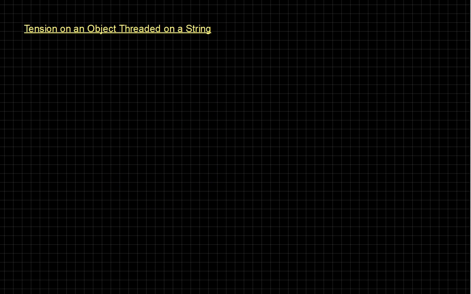The next thing then is a reminder of how tension works in a string, but then also to just address a very specific case. So the title here that I've given is an object threaded on a string. Just to clarify what I'm talking about here, let's say you've got a string.